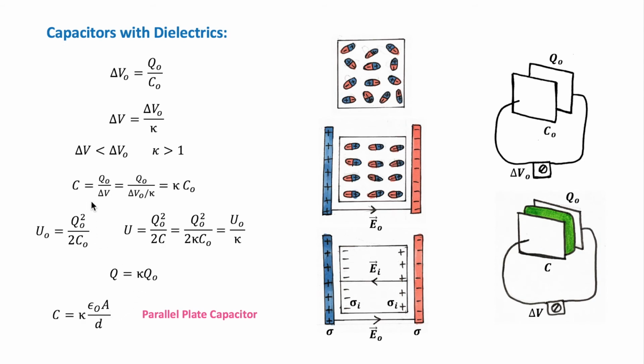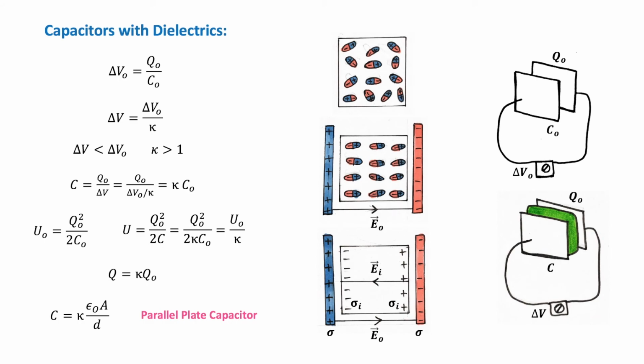Because here, instead of Q naught being constant, as in the case where it is not connected to a battery and the potential difference changes, the capacitance increases. If we insert the dielectric while it is connected to a battery, then delta V is held constant. So delta V is equal to delta V naught. And what changes is the charge from Q naught to Q. And this still will increase the capacitance by K. Okay.